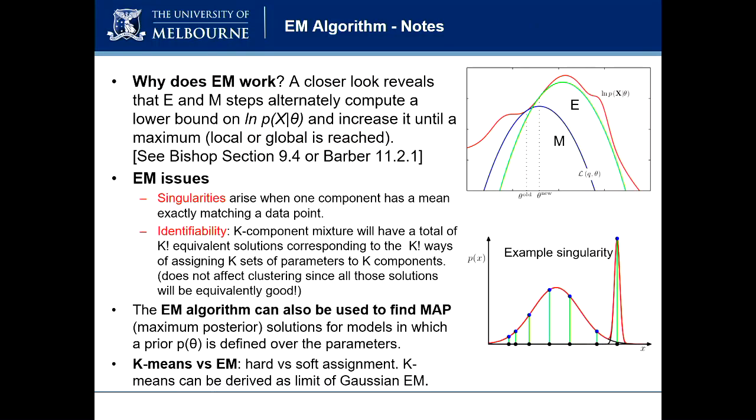Some notes that should be mentioned. Why does expectation maximization work? Just like we were talking about why k-means works, there is a way of showing that the E and M steps alternately compute a lower bound on this log likelihood that we want and increase it until the maximum.